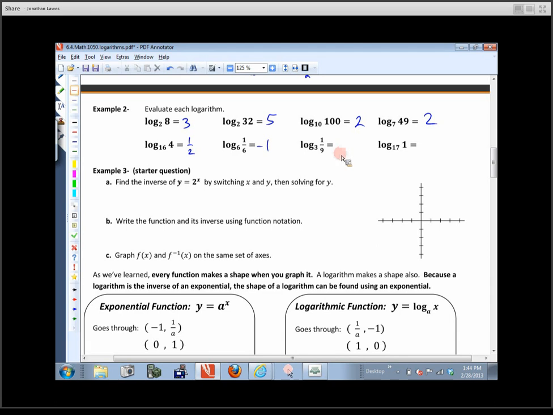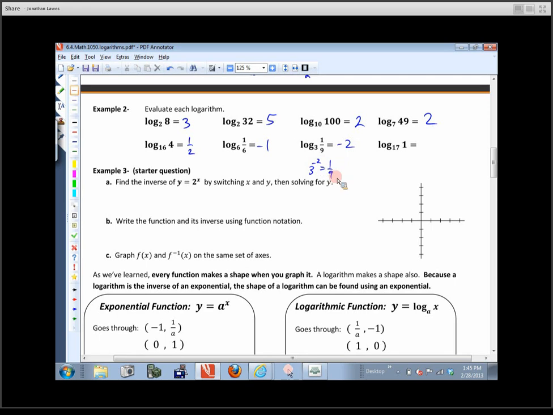Okay, the next one, don't say anything out loud on this one. Log base 3 of 1/9 is asking us to figure out 3 to what power gives me 1/9. Well, it's a fraction like this one, so it's probably going to be negative. And 3 to what power gives me 9? -2. And again, if you weren't sure, just write it like this: 3 to the -2 equals 1/9.